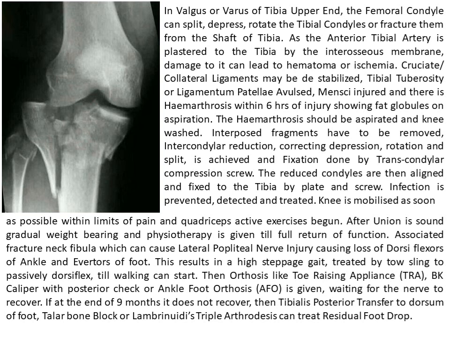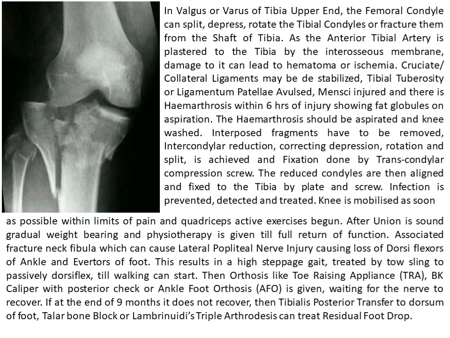So this happens when the walking starts and has to be treated by an orthotic device like a toe raising appliance, a below knee caliper with posterior check, or an ankle foot orthosis, or AFO.